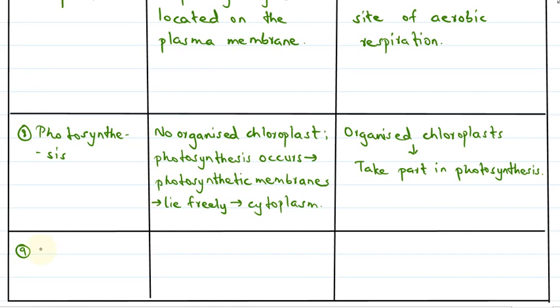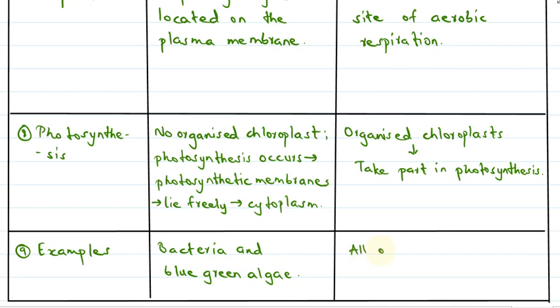Now we would talk about the examples. So prokaryotic cells would include bacteria and blue-green algae, which are also known as cyanobacteria, and all other organisms would be the examples for eukaryotic cells.